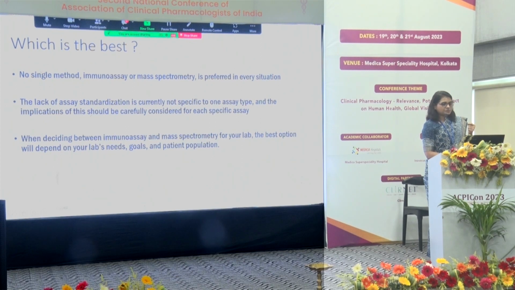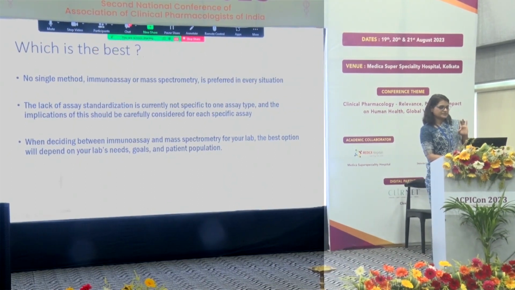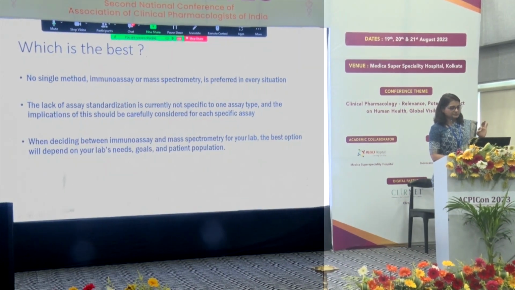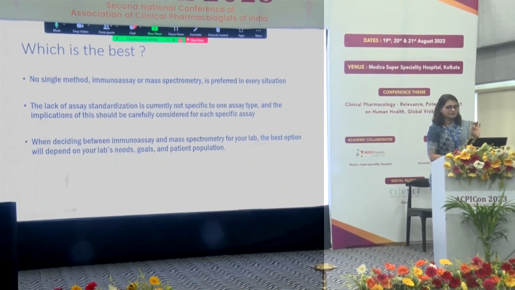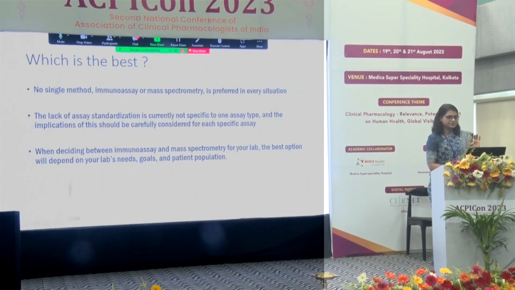So we come back to the question, which is the best? This is the take, the general consensus. No single method, immunoassay or mass spectrometry, is the preferred method in every situation.